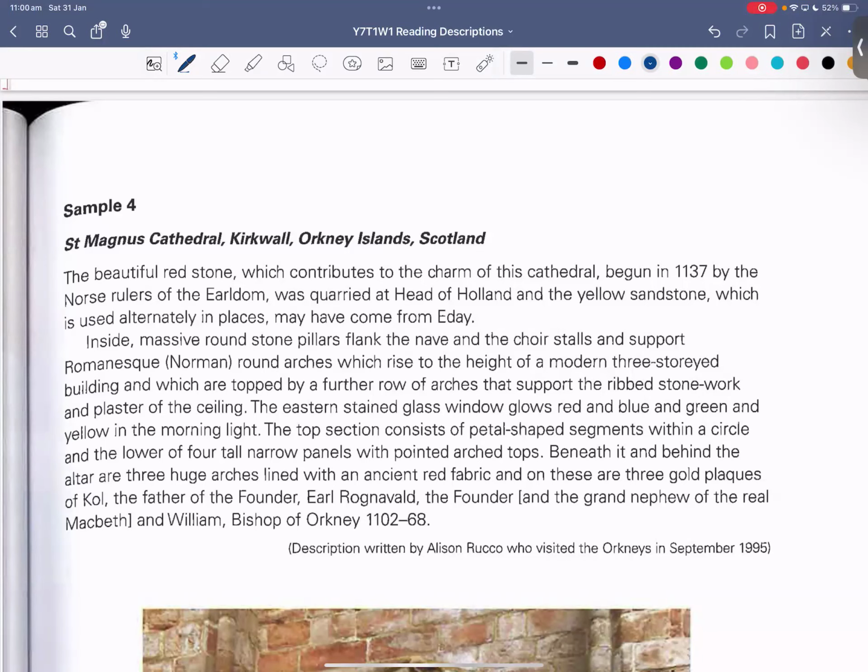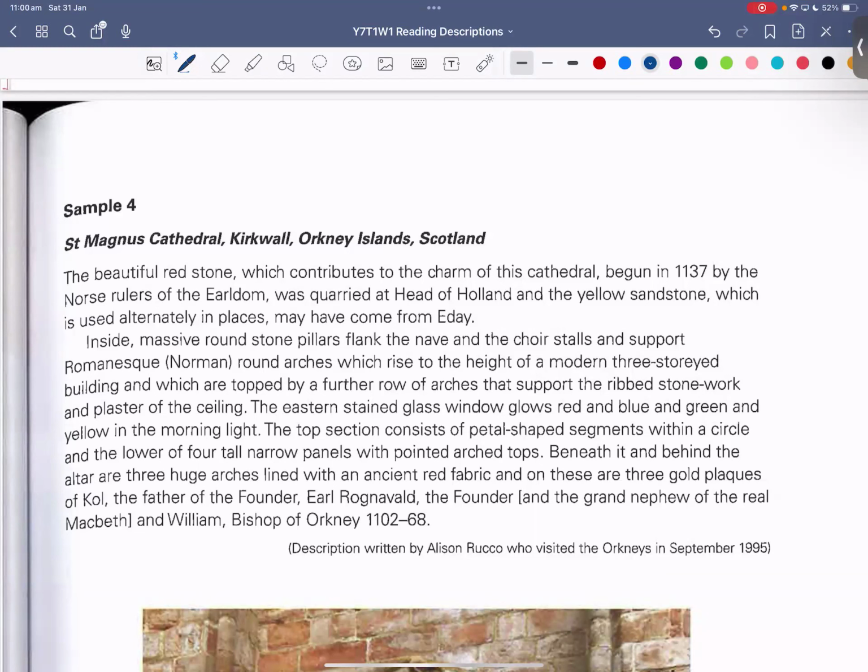St. Magnus Cathedral was founded in 1137. The building is two-storied, covered by a further row of arches that support the raised roof and clusters of the ceiling.